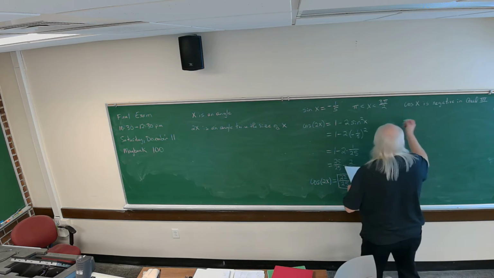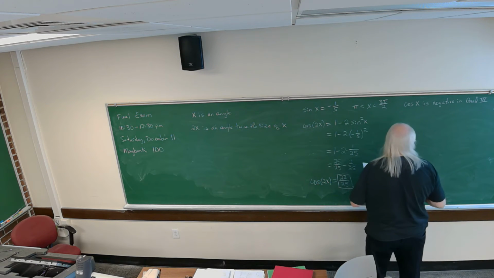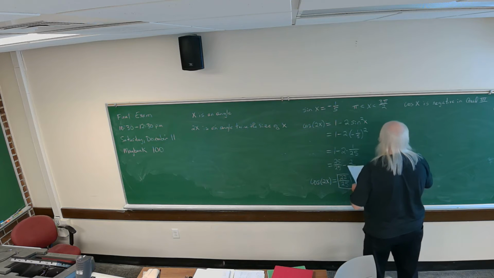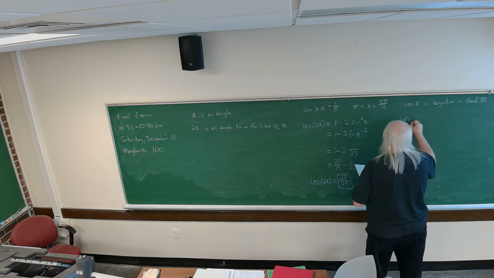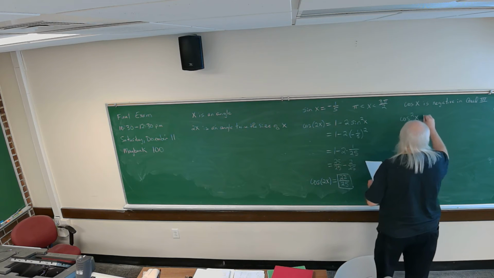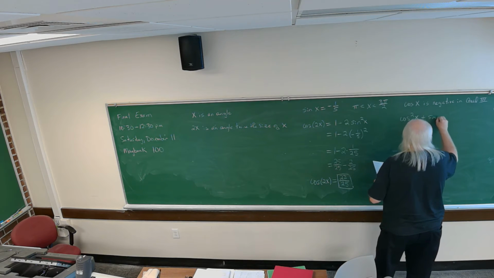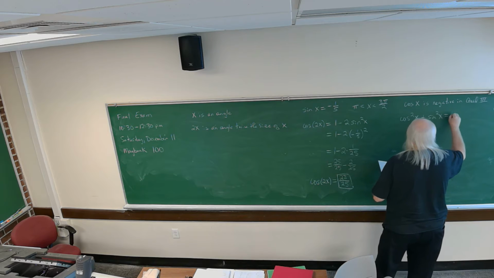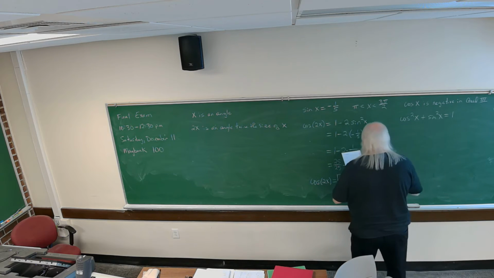So to figure out what cosine x is in the third quadrant, right, what the value of cosine x is, I'm going to use the Pythagorean identity. Cosine of x squared plus the sine of x squared is equal to 1.